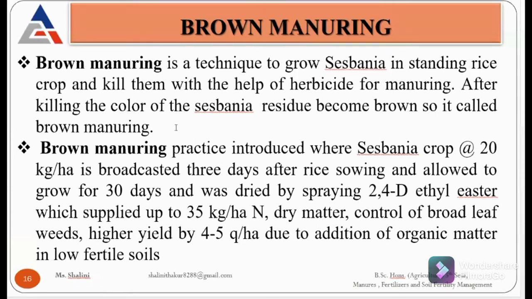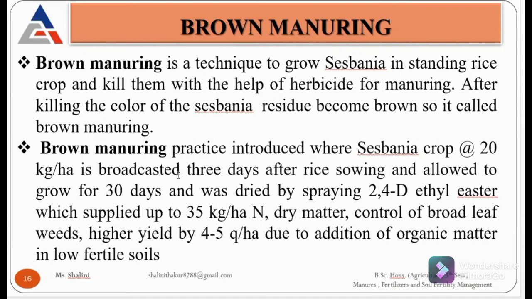Okay, so we use Sesbania crop at the rate of 20 kg per hectare as broadcasting, and we broadcast it 3 days after the rice sowing. We leave it for 1 month, and then for drying purposes we use 2,4-D ethyl ester, which supplies up to 30 kg per hectare nitrogen.